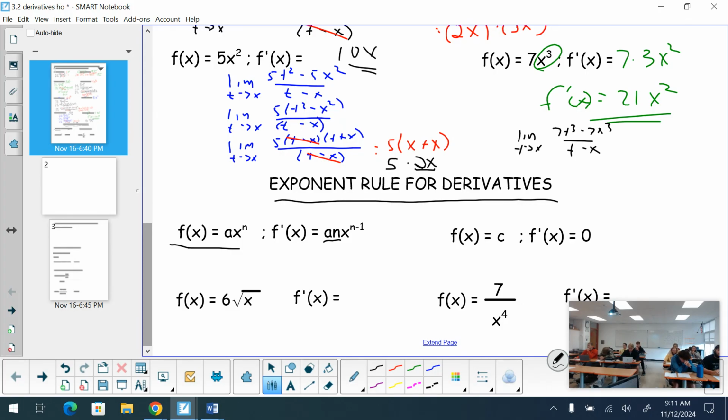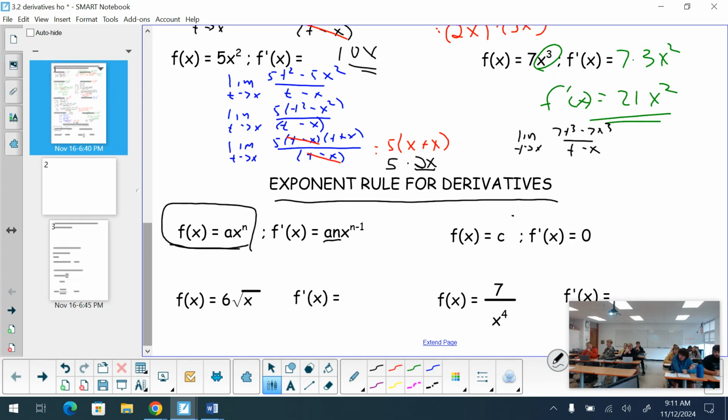And this would be our exponent rule for derivatives. The key, though, is you need to be able to get it in this form right here. I need to have a coefficient times a variable to an exponent. It has to be multiplication. It cannot be division.